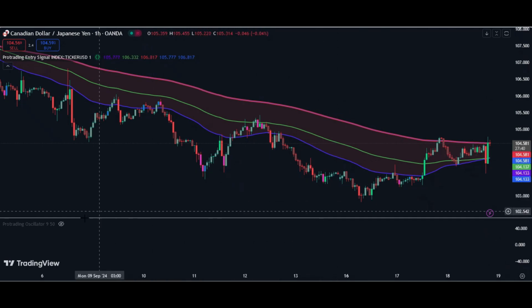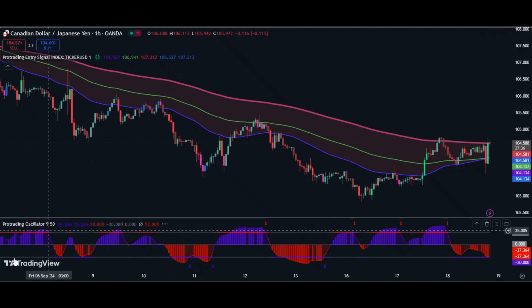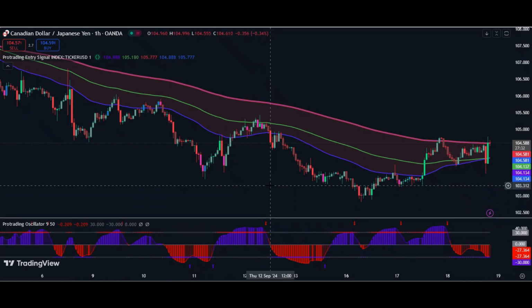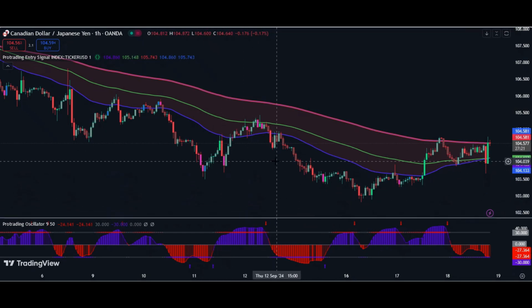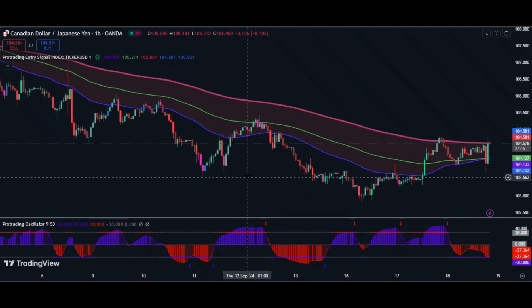Having said this, the second indicator which we are going to look at is our pro trading oscillator. The pro trading oscillator is the indicator that gives us a crystal clear buy and sell signal. Whenever this indicator gives us a buy or sell signal, we see it as a clear point for us to enter the market.